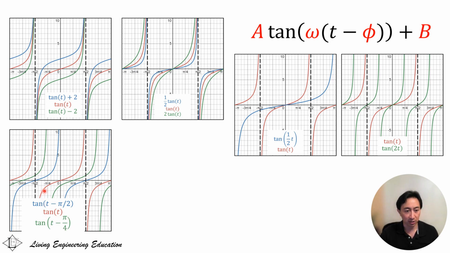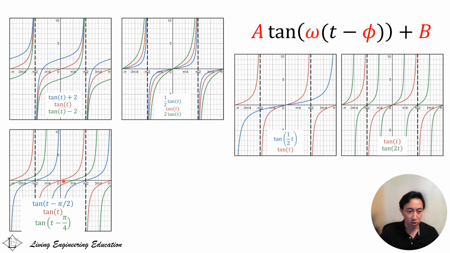So tan t in red, and then I do a phase shift of pi over 2 and a phase shift of pi over 4. And so the same thing. So I look at the graph. Let's look at this green graph first, right? Shown here. If I look at where it intersects the x-axis, your 0 point, that's right here. That's at pi over 4.